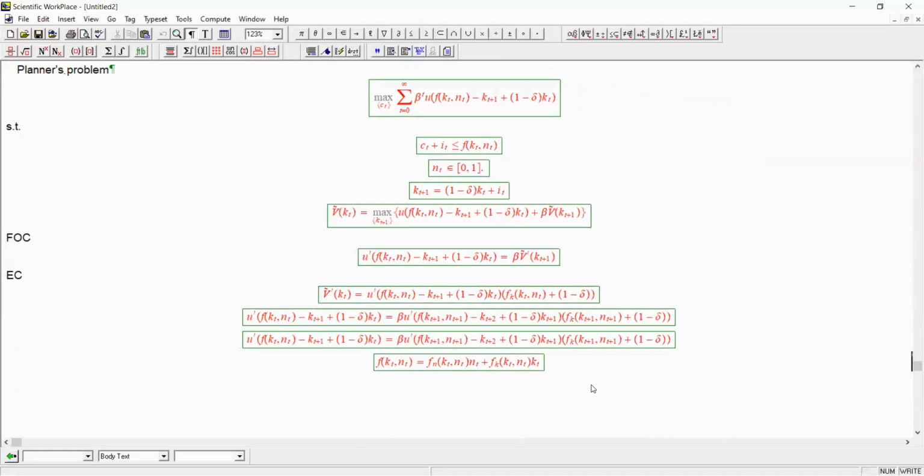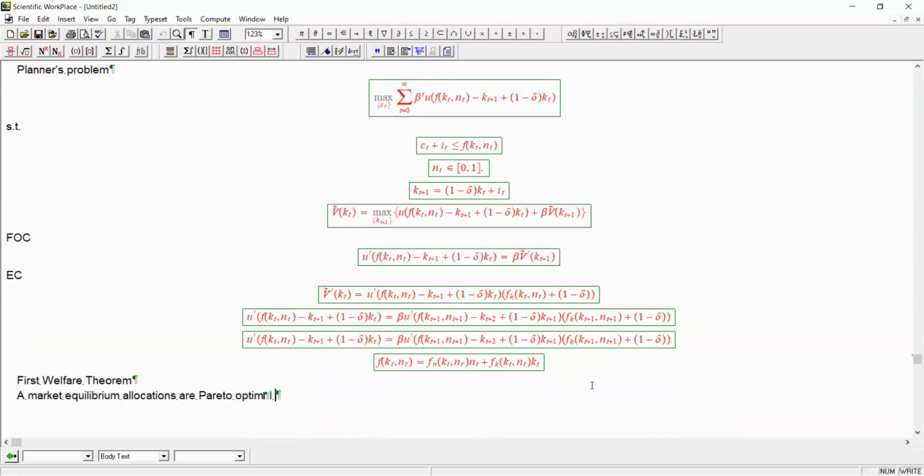And so this is an example of the first welfare theorem, where we have that a market equilibrium allocations are Pareto optimal.